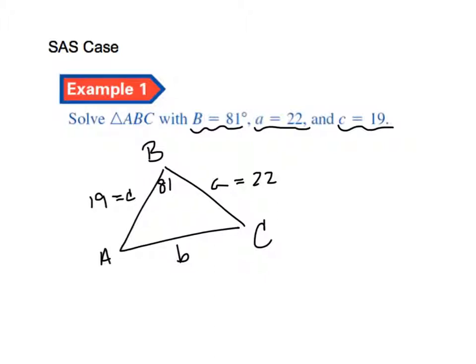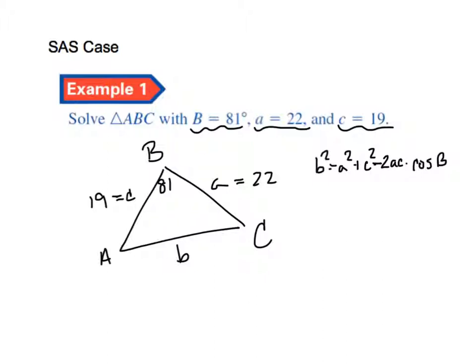Now in this case, I have angle B, and so I'm going to choose the formula from the previous work that uses angle B. I'm going to use the one that ends with the cosine of angle B. Now the rest of the formula went like this. It started with b squared in the front is equal to a squared plus c squared minus twice ac times the cosine of b.